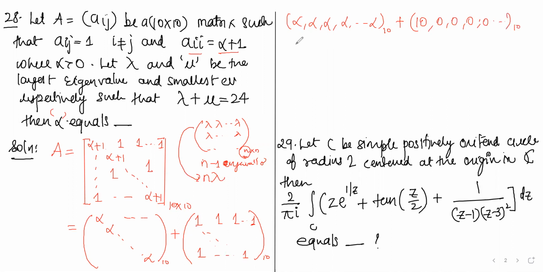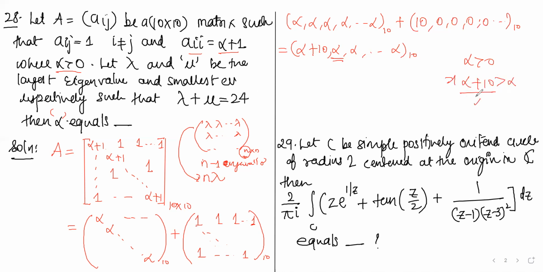So I'll just add them. That gives me alpha plus 10, comma alpha, and so on up to 10 times. So lambda and mu are the largest and smallest eigenvalues. Of course, since alpha is greater than 0, alpha plus 10 will be greater than alpha.